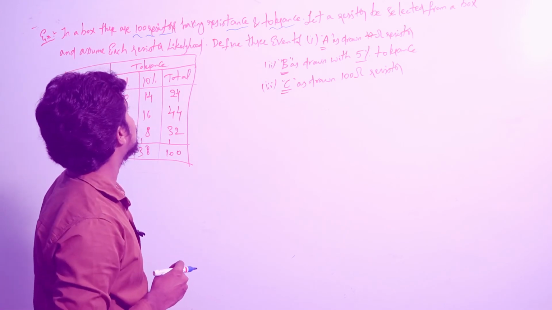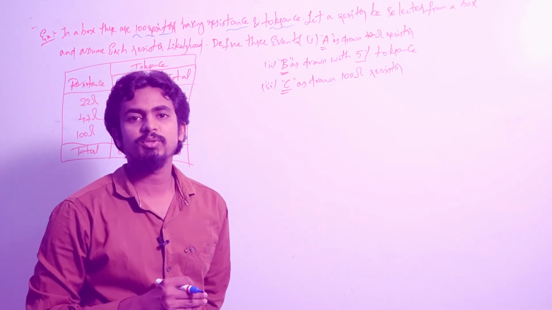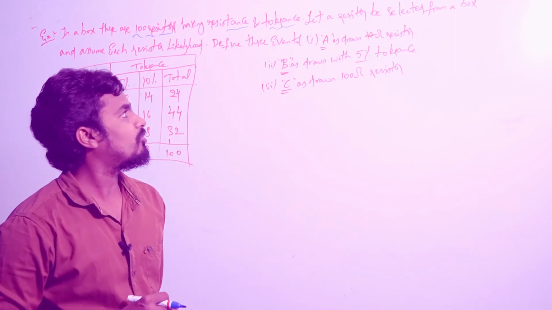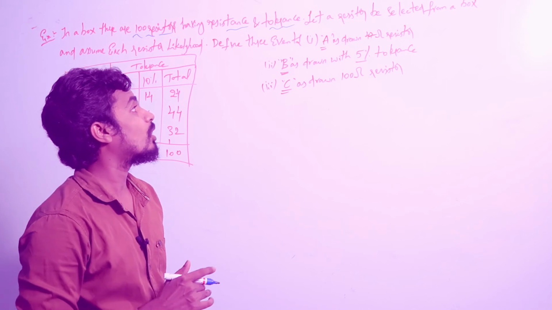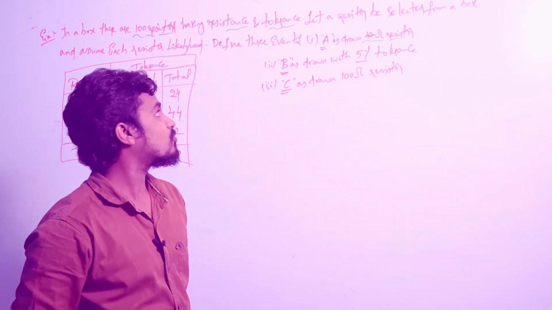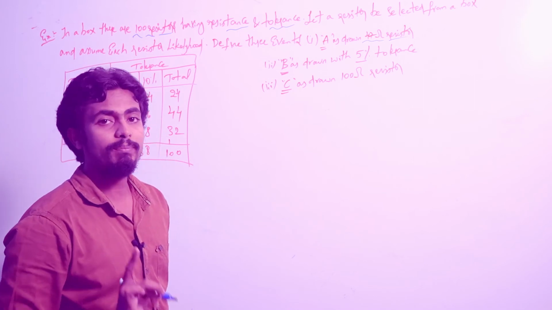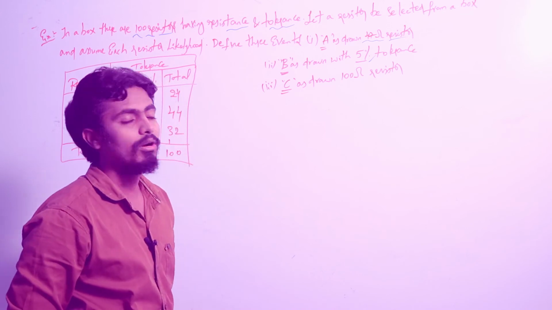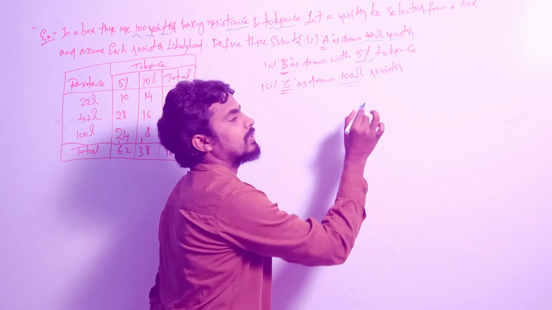And assume each resistor has the same likelihood. That means all the resistors will be the same. First, if you want to draw, A is drawing a 47 ohm resistor, B is drawing a resistor with 5% tolerance, and next C is drawing a 100 ohm resistor.